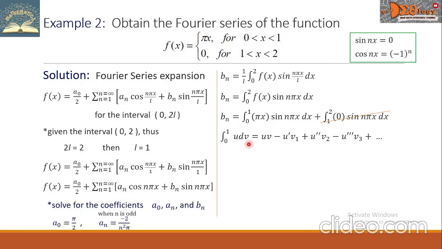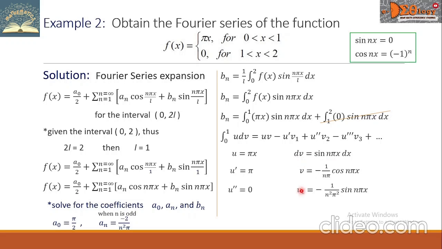Again, we will use the Bernoulli's formula. We choose u as pi x, and the dv now is the sine n pi x dx. For the u, we differentiate. U prime equals pi, u double prime equals 0. For the dv, we integrate.